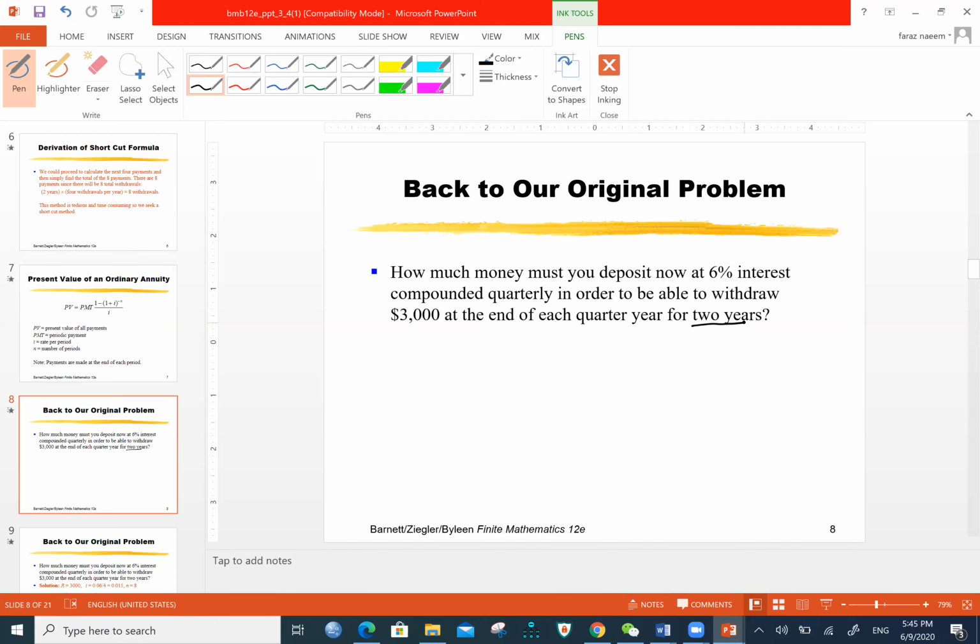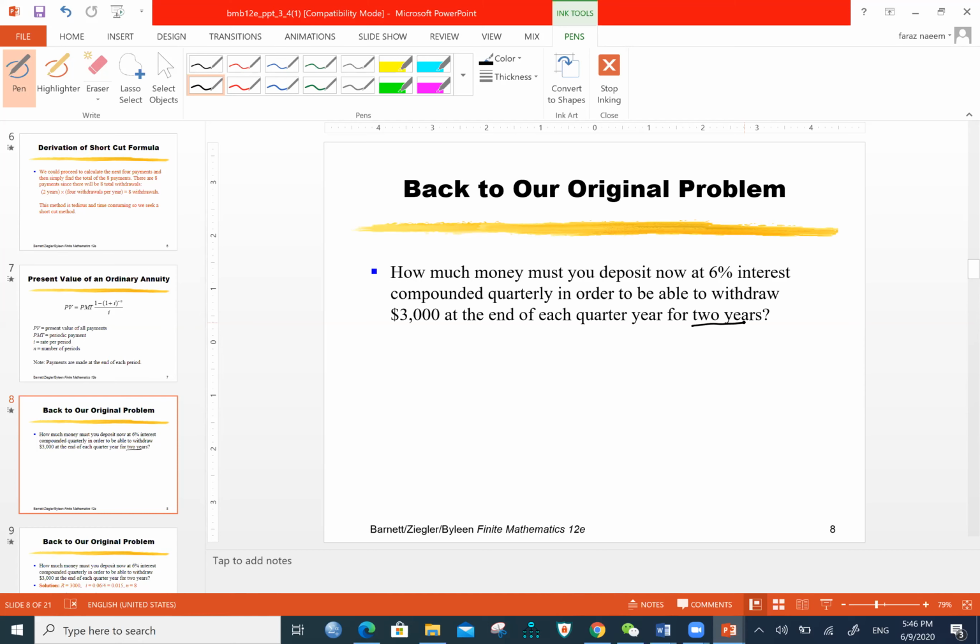So you decide that every month, I need $3,000 for my livings, and maybe I will live for another 20 years. So I must have enough money in my account today so that I can withdraw 3,000 every month for my livings. Over the next 20 years, you will withdraw 3,000, 3,000, 3,000 every month or every year.